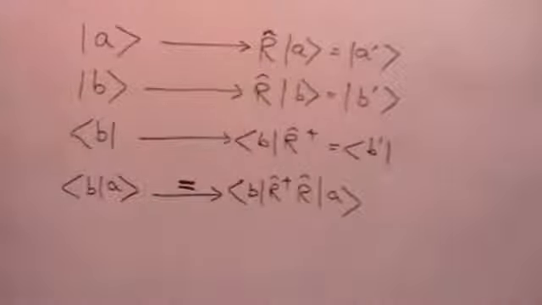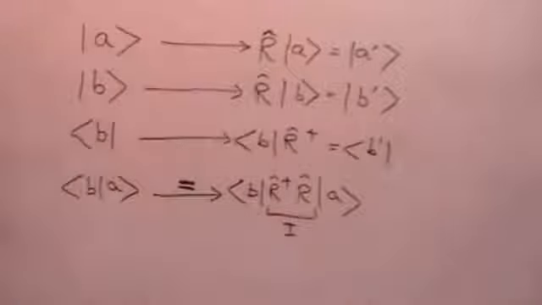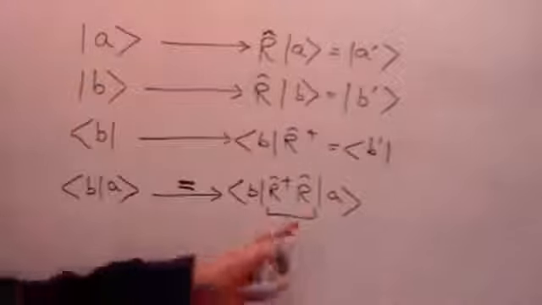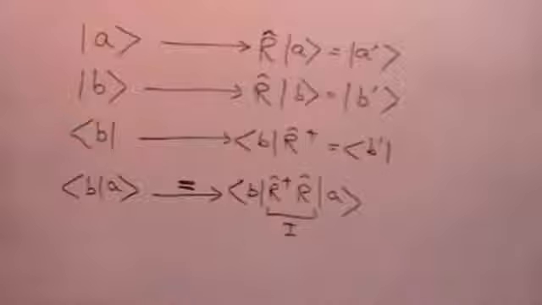And the only way they can be equal is if this term is the identity operator. Because remember, the identity operator acting on A simply gives you A. I is the matrix equivalent of the number 1. If you multiply I by a vector, you just get the vector that you started with.